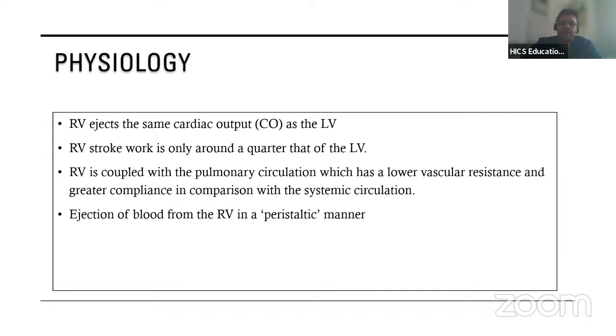So it's always a relaxed working atmosphere for the right ventricle, compared to the left ventricle, which is always working in a more pressure-related atmosphere. The ejection of blood from the right ventricle occurs using the peristaltic method of muscle contraction, which we have already described.